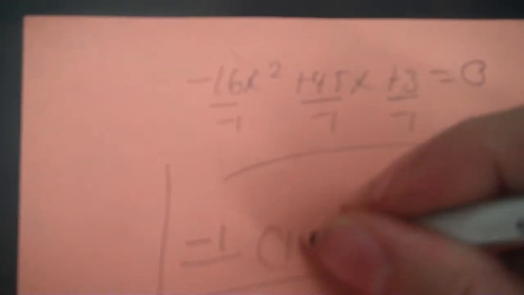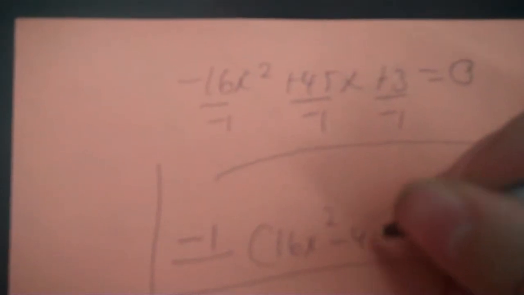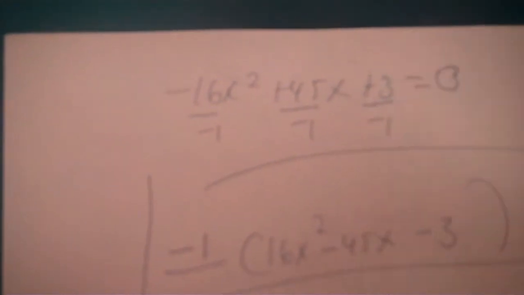So 16x squared minus 45x minus 3. 16 times negative 3 is negative 48. The difference of 45 would be a difference of 47, but if I go by 2, now we're at a difference of 22, so I jumped over the 45, so no. You can't find it.